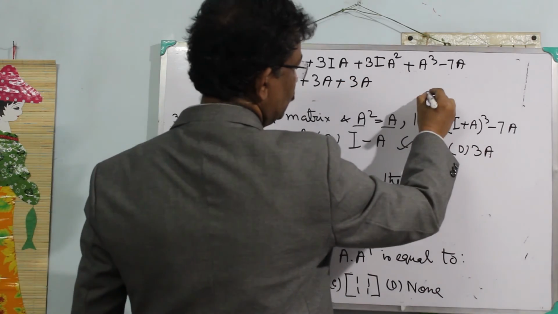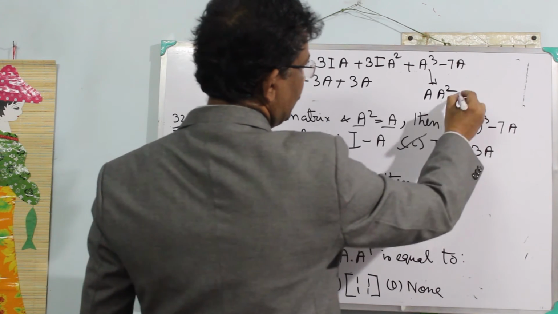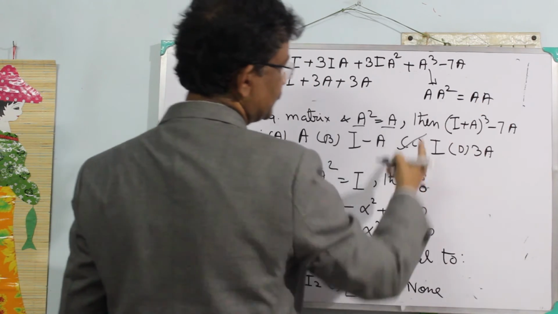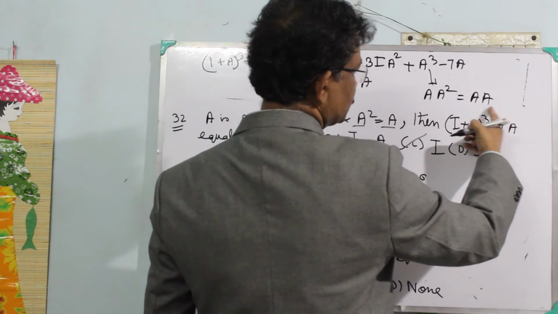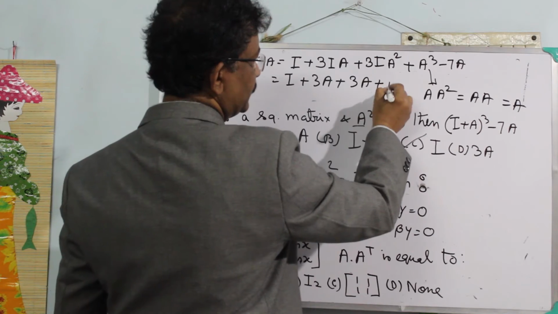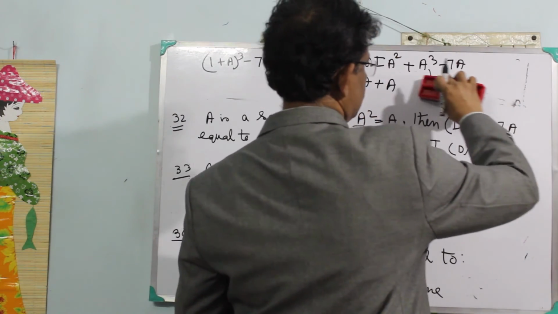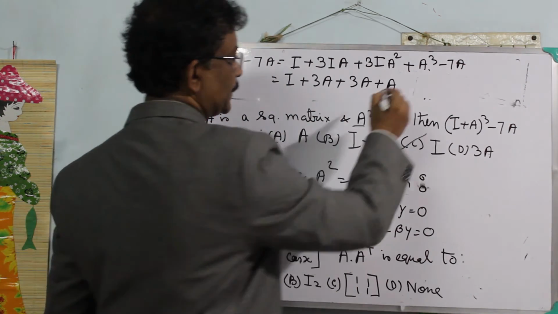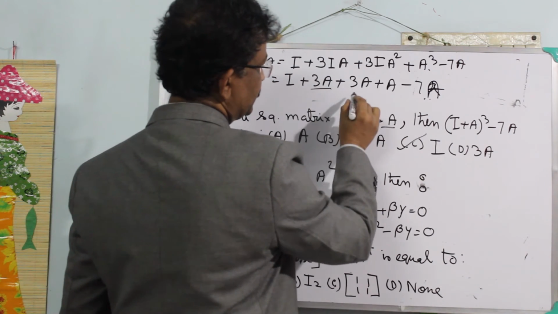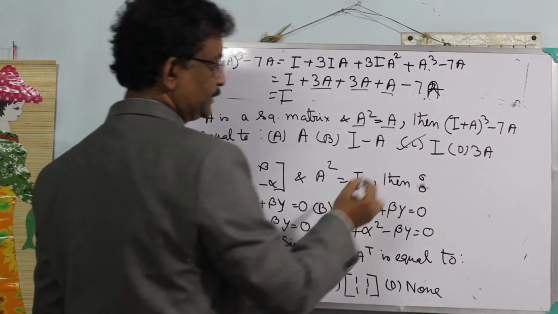And A cube means A into A square, and A square is equal to A, so A into A is again A square, which equals A. So A cube equals A. So A plus 3A plus 3A plus I minus 7A: A plus 3A plus 3A minus 7A is 0. So this is equal to I. So the correct answer is C, I.